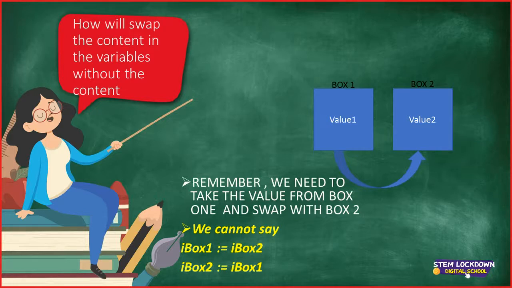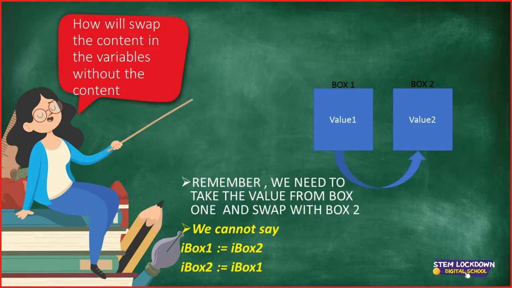If you had, for instance, these 2 boxes and you were asked to switch the contents, take the contents from box 1 and place it into box 2, and take the contents from box 2 and place it back into box 1, I'm sure you would agree with me that you would lose one of those, or you would mix the contents up.